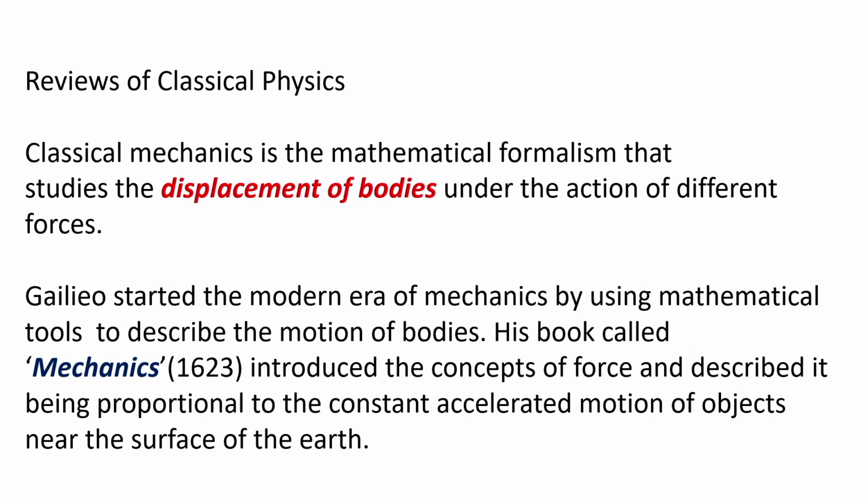Galileo started the modern era of mechanics by using mathematical tools for describing the motion of bodies, and his book called The Mechanics, published in 1623, introduced the concepts of force and described it as being proportional to the constant accelerated motion of objects near the surface of the earth. So, that is proportional to acceleration of bodies, which is denoted as the change in velocity with respect to time.